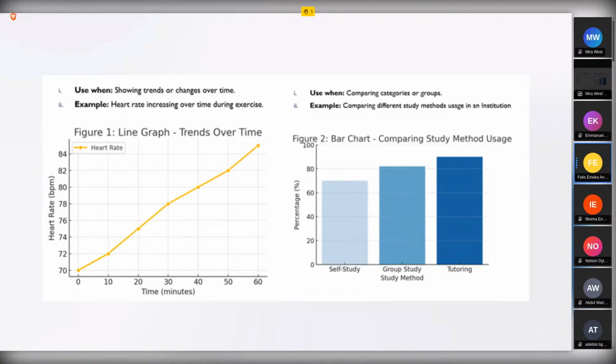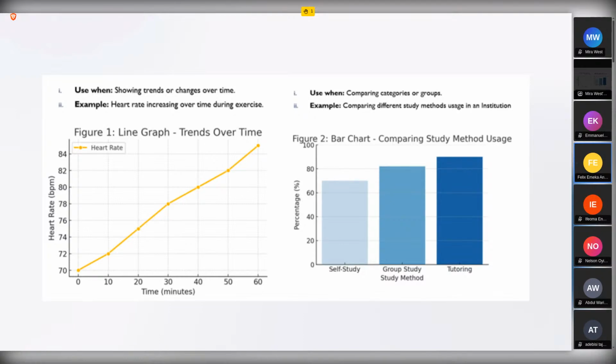You can represent this figure 2 in a pie chart as well, but when you begin to have more than 4 categorical variables, it becomes clumsy in a pie chart. So a bar chart becomes easier because it usually gives clarity.